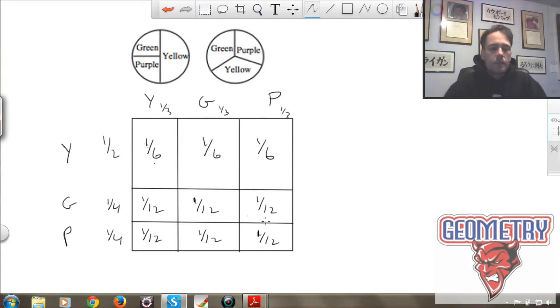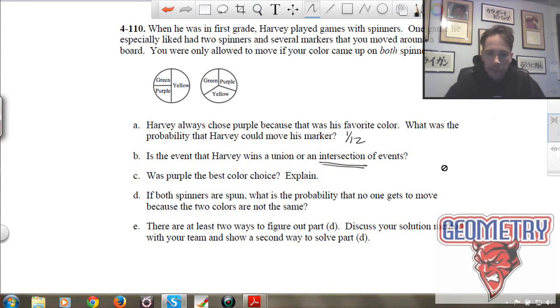So I would say that purple is not the best choice. It's the same probability if you were to choose green, but yellow is the best choice since that has a 1/6 probability of happening. So I would say that yellow is best because there's a 1/6 chance versus a 1/12 chance for the other ones.